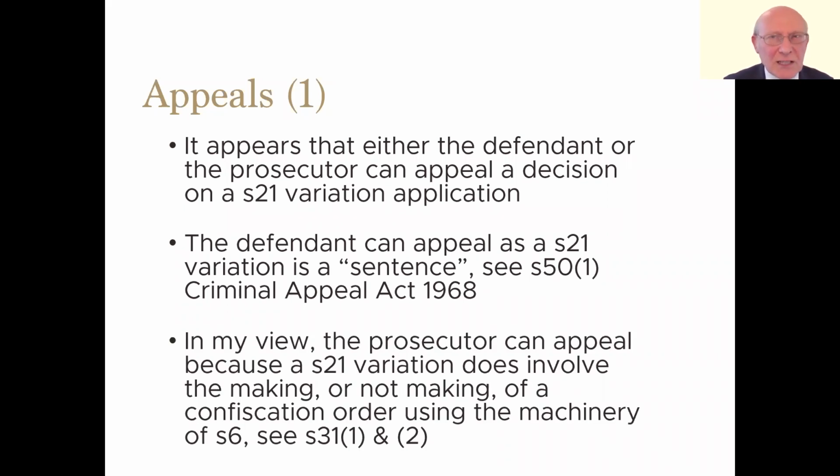And in my view, the prosecutor can appeal because a Section 21 variation does involve the making or the not making of a confiscation order, because Section 21 borrows the machinery of Section 6 and Sections 16 to 18. We are making a confiscation order. We're not varying an existing confiscation order, which might fall outside Section 31 appeals.